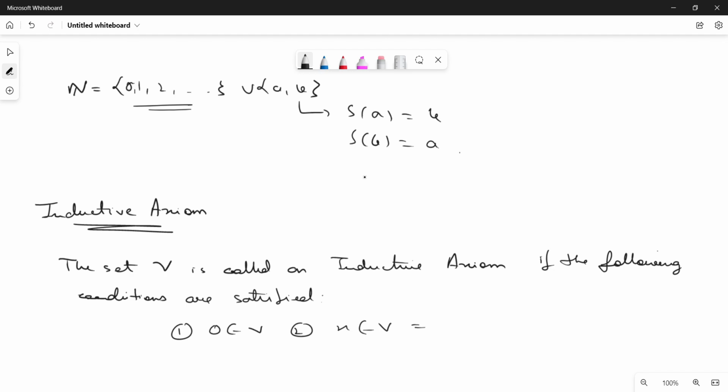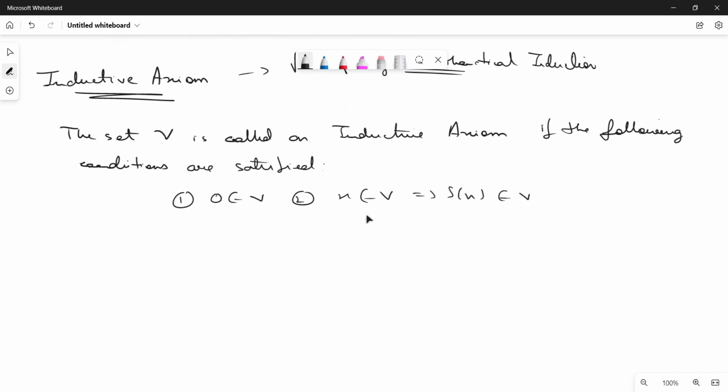Number 1, 0 is in V. Number 2, if x is in V, then S of x is in V. This axiom is also often called the axiom of induction, and it is the axiom we actually use in the principle of mathematical induction.